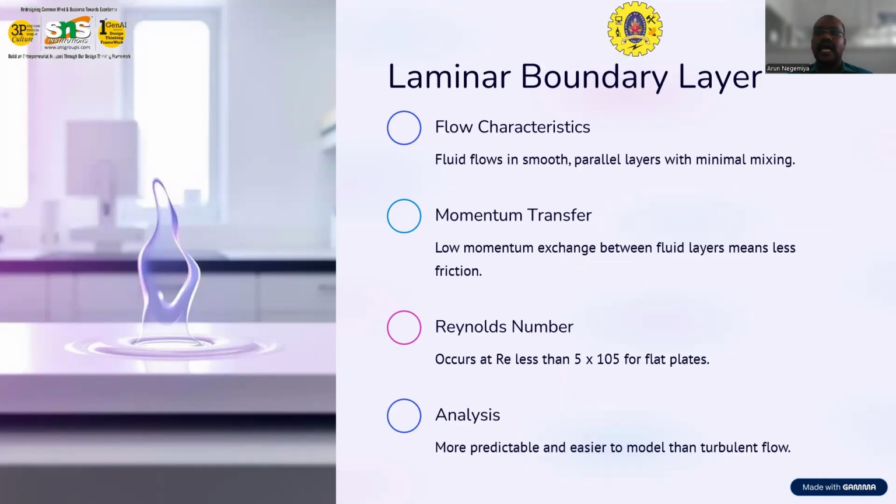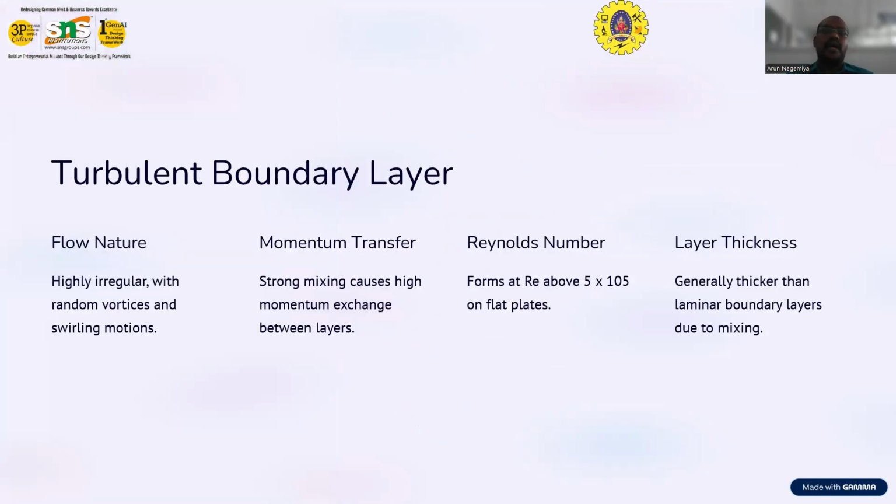Turbulent is an irregular flow. For laminar we use a certain range of Reynolds number, and for turbulent flow we use a different range of Reynolds number. In the laminar boundary layer, the momentum transfer from one medium to another is very, very low compared to the turbulent boundary layer.